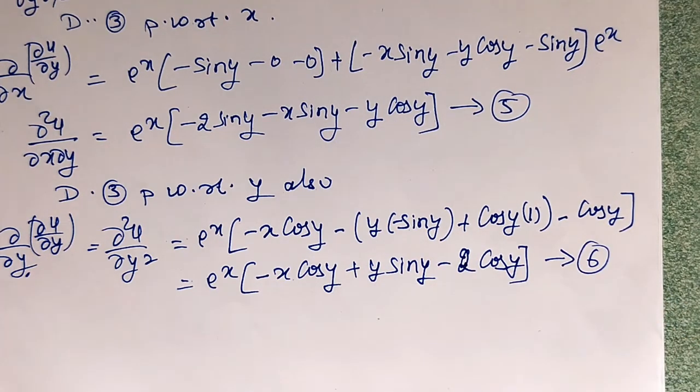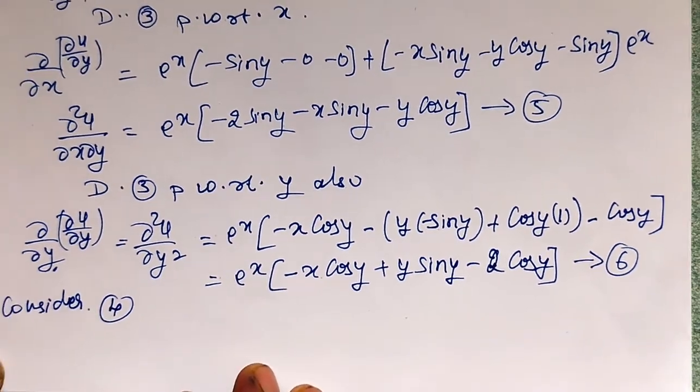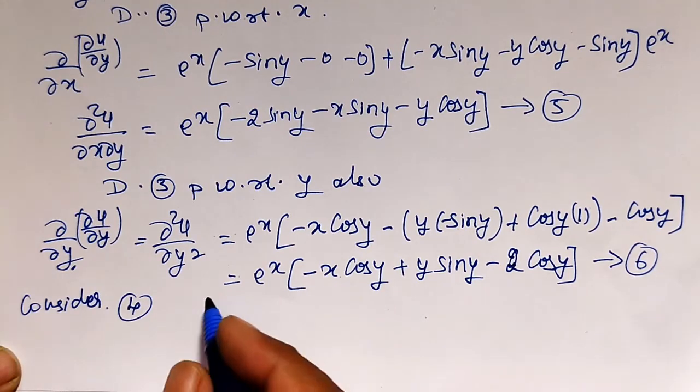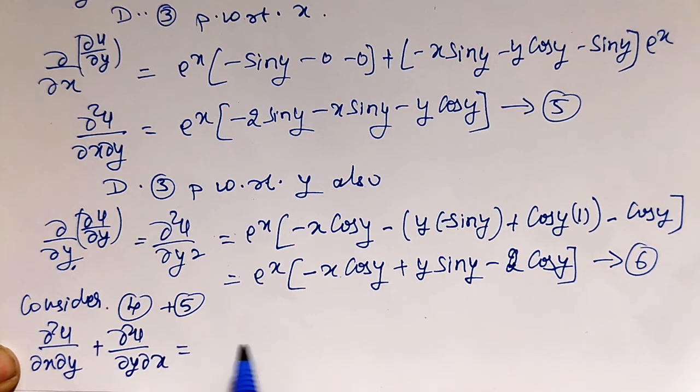All 6 partial derivatives you have got. From this, first I will consider equation number 4 plus 5. Equation 4 plus equation number 5, that is ∂²u/∂x∂y plus ∂²u/∂y∂x.